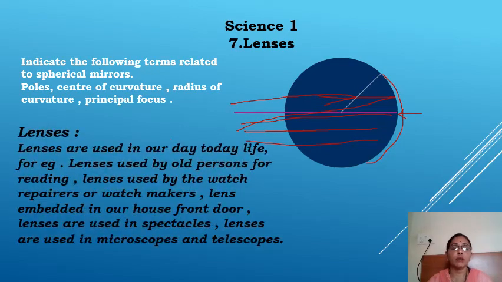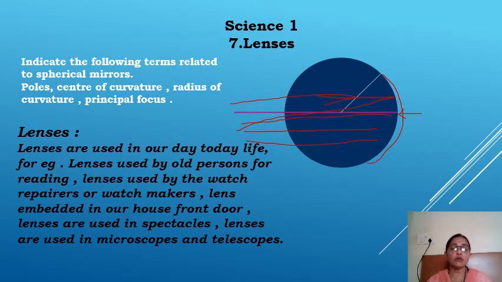So let's study about the lenses. What are lenses? These are transparent substances. The previous one, last year's, was your mirror. It was not transparent, it was a shiny, reflecting substance. Lenses are refracting substances, remember that.